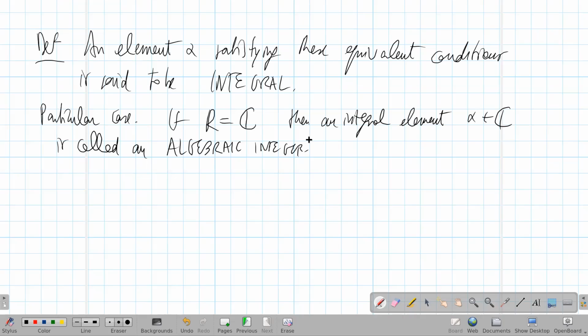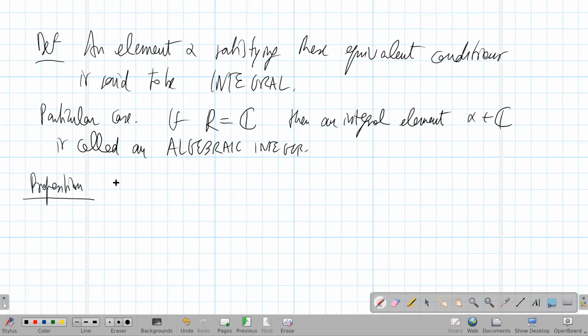These are elements of, say, the complex numbers that are roots of polynomials with coefficients in the rational numbers. And of course, you can multiply by the denominators and get that they are roots of polynomials over the integers. But here we are requiring these to be roots of a monic polynomial with integer coefficients. And there is an important consequence, which you know already from the algebra courses, but since it will play an important role in the following, it's better to repeat it.